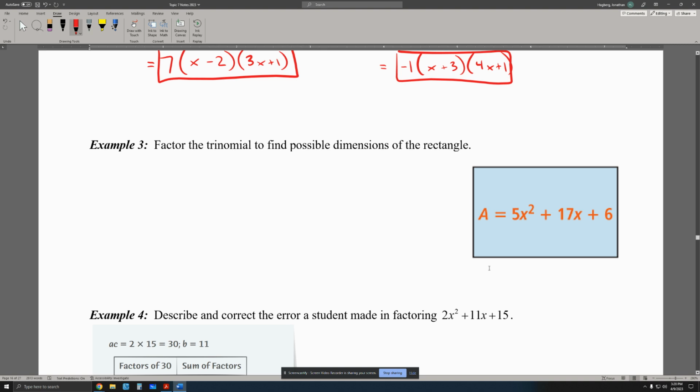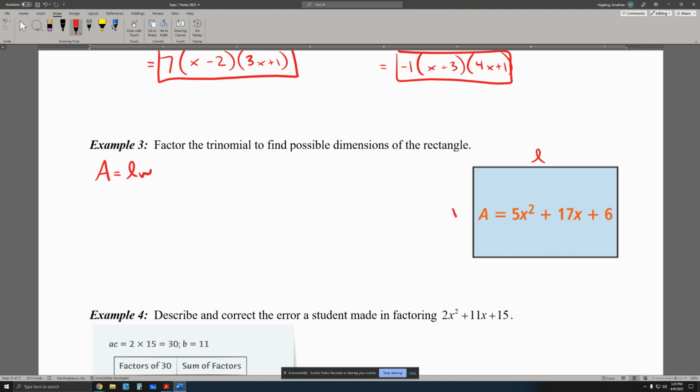All right, example 3. Factor the trinomial to find all possible dimensions of the rectangle. So I see this rectangle here has an area of 5x squared plus 17x plus 6. So it's this quadratic trinomial expression. I also know that area of a rectangle is equal to length times width.